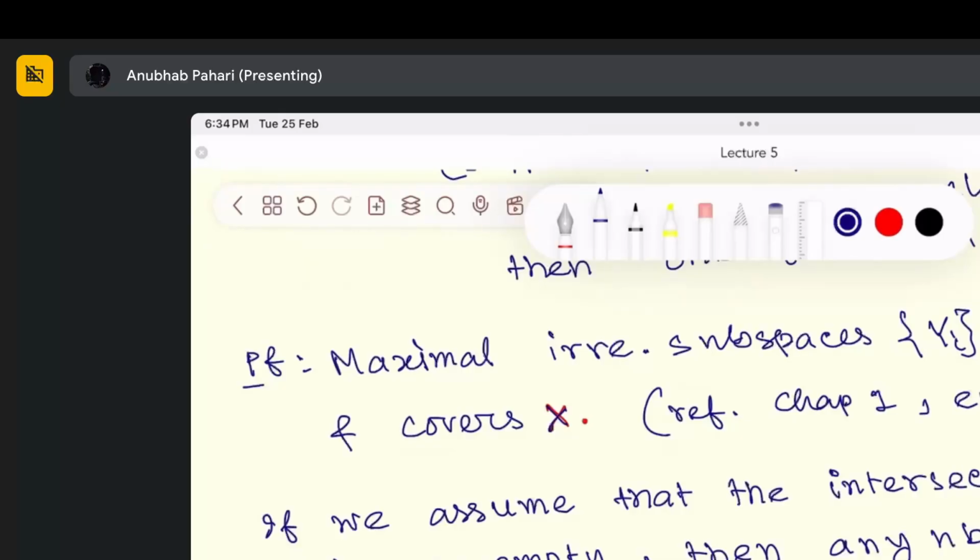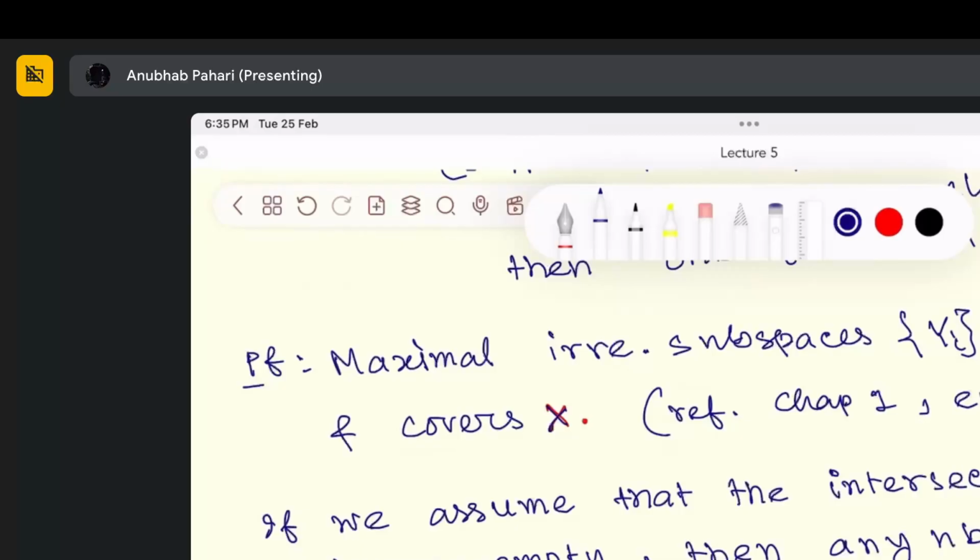Then one can see that capital X equals the closure of small x. Because if you take any point from capital X, then any neighborhood of it intersects a neighborhood of small x. This is the definition of a limit point, so every point of X is contained in the closure of this point.